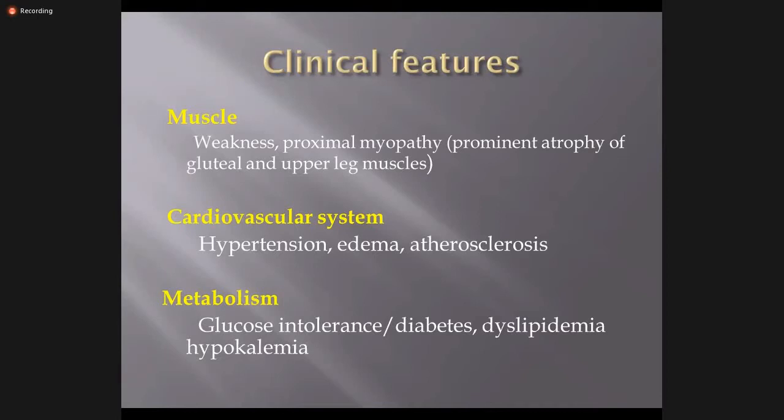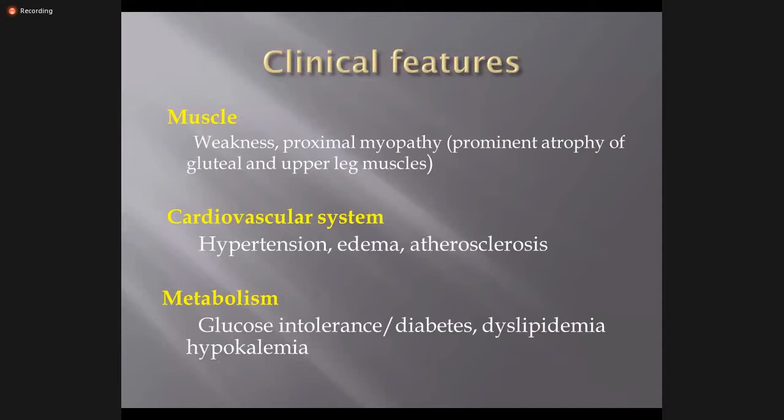As for metabolic abnormality, because cortisol is an anti-insulin hormone, an insulin antagonist, it increases glucose. It causes increased production of glucose, resulting in glucose intolerance and might lead to diabetes mellitus, dyslipidemia, and hypokalemia.